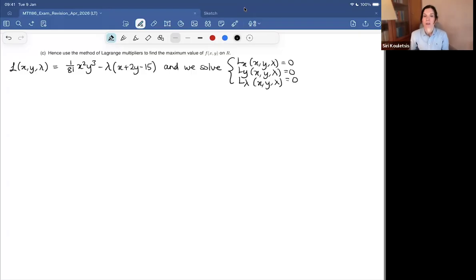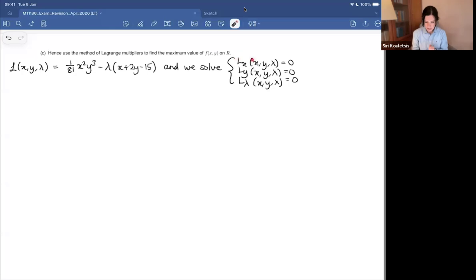So in other words, what are we doing? We're finding stationary points of the Lagrangian. So now the setup is very clear. The examiner can see that we have a clear aim, and we have also told ourselves what we need to do. So the rest now is partial differentiation and then solving this system of simultaneous equations.